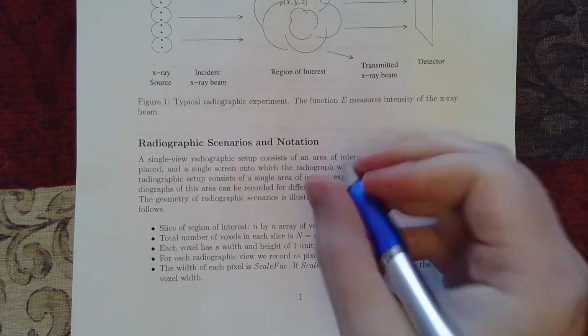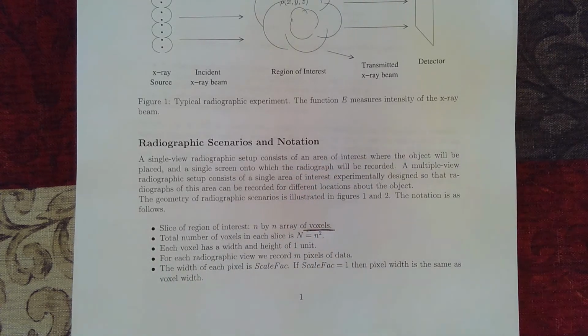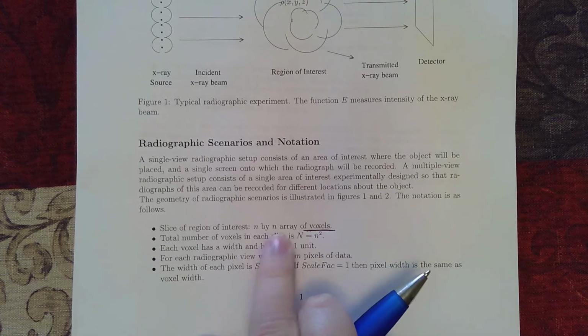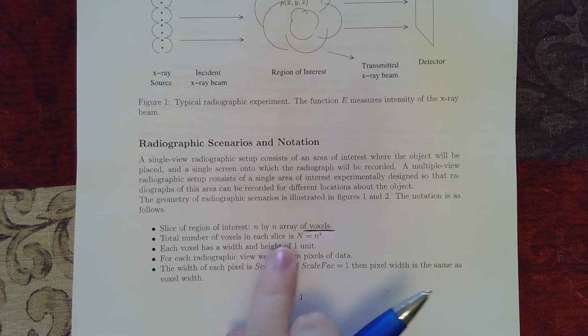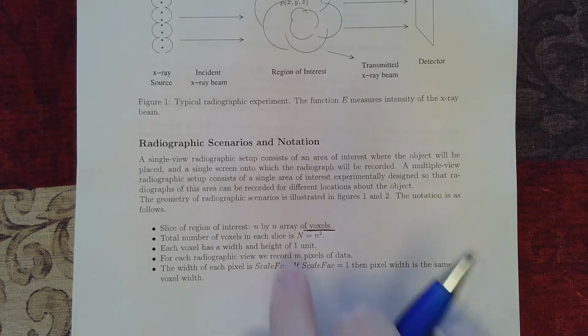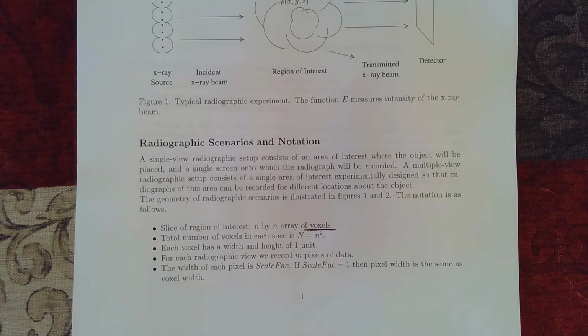Voxels describe different segments of the brain that we're looking at. For our purposes, we're going to be looking at a square area of them, so n by n. The total number of voxels in each slice we care about is going to be little n squared, and we're going to call that big N. Each voxel has a width and height of 1 unit. Whatever that unit is, we're just going to call it 1 unit for now.